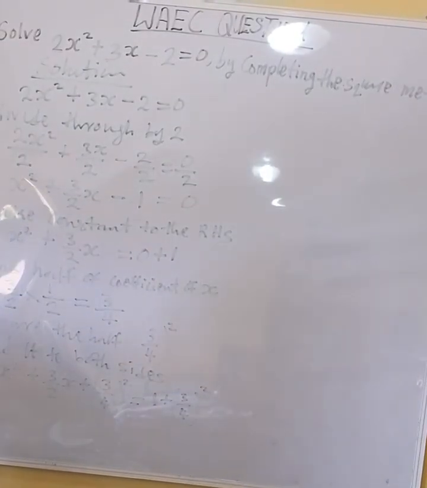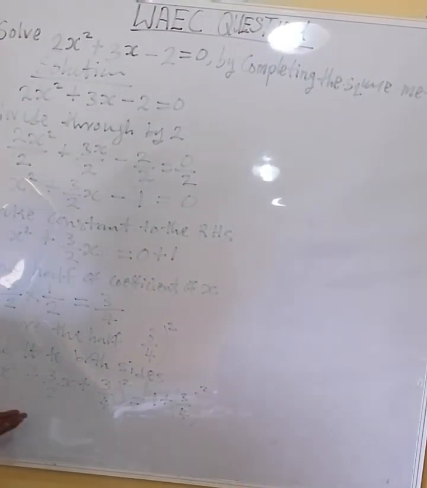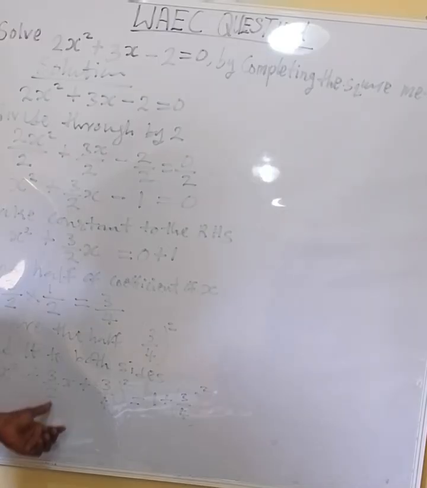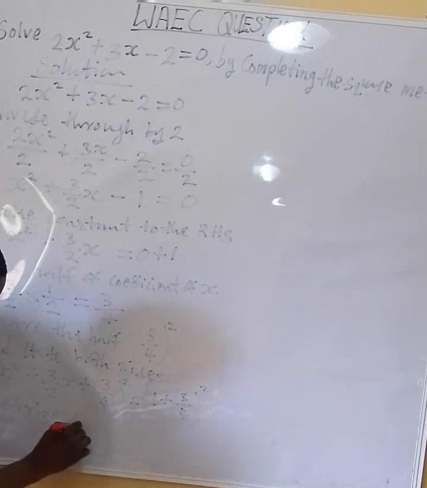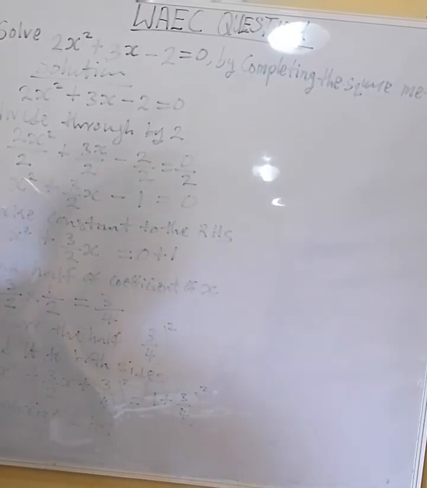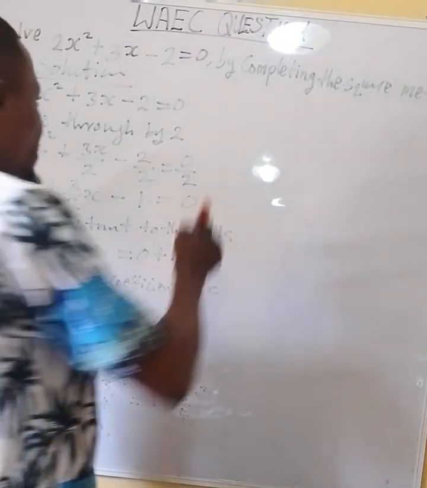Are we together? From there, when you look at our left hand side, we have 3 over 2, we have 3 over 2, which means they have something in common. Then you say factorize the left hand side.